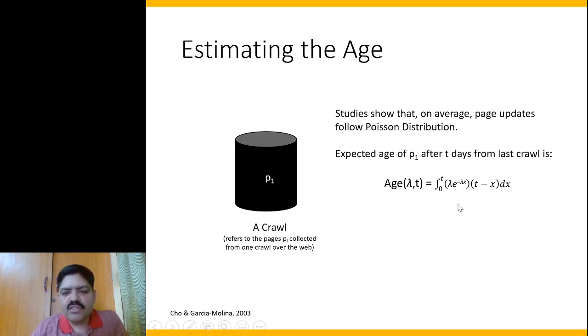So the expected age simply becomes the integral from 0 to t of lambda e to the power minus lambda x times (t minus x) dx. So we now have some way to know whether a page, or a crawl, has become stale or not, and when to go ahead and do another crawl. Usually we do this when we know that the expected age is this much.